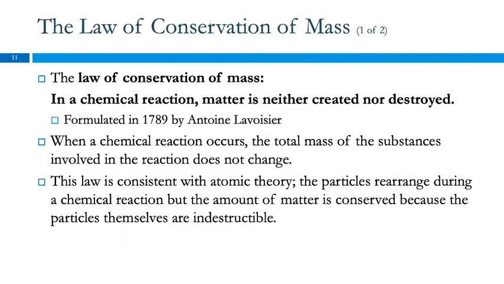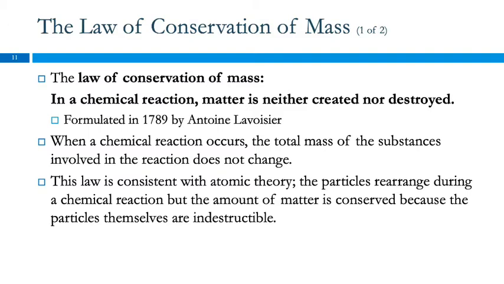So, a review, law of conservation of mass. In a chemical reaction, matter is neither created nor destroyed. And this came from Lavoisier's work, 1789. So, when a chemical reaction occurs, if you take the mass of the matter that you're starting with, everything that you start with, you find the mass of it, you do the chemical reaction, and you find the mass of all the things you end up with, it's the same amount of mass.